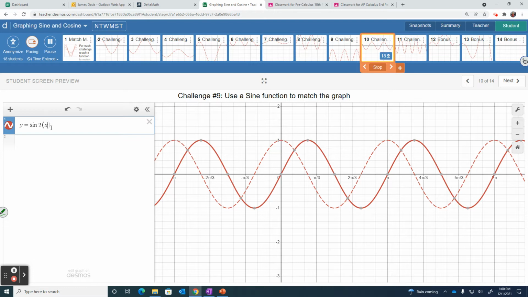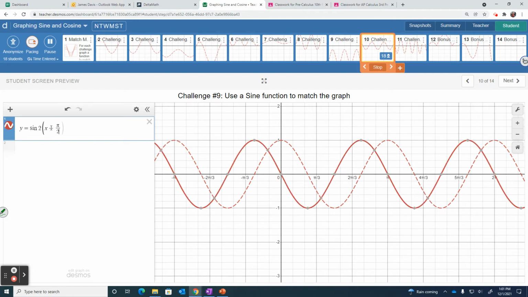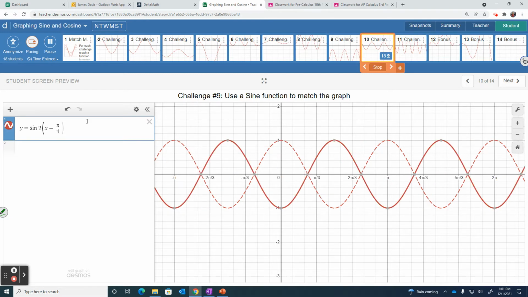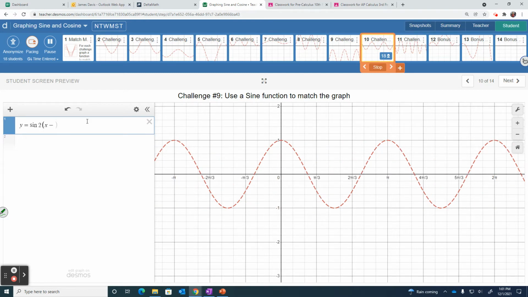But it's pi over 2, though, right? Because you get 2 pi over 4. Oh, yeah. But I did sine of 2x plus pi. If you do it, I think you get minus 3 pi over 4.